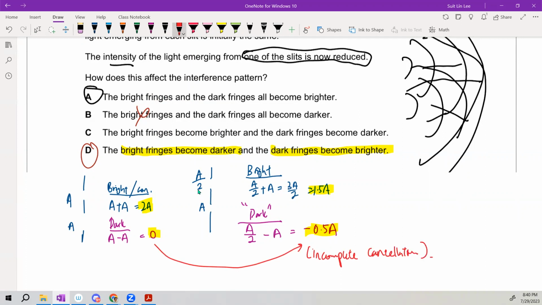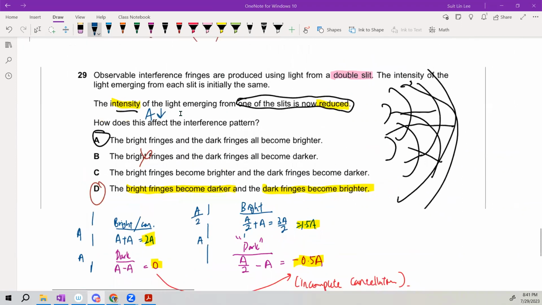A over 2 is a number that I came up with because the intensity is reduced. So intensity reduced means amplitude reduced. I reduced it to A over 2, but you can reduce to any value that is less than A. Doesn't matter. Does that make sense? They say reduce intensity, so I can reduce intensity however I want.